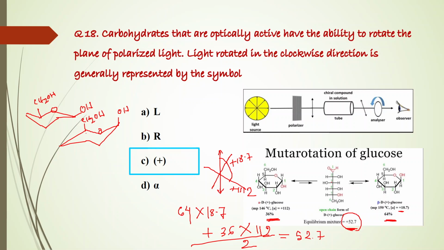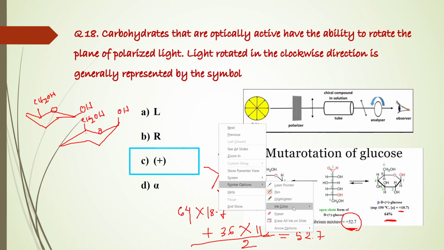But we don't get either of them, which again suggests that both alpha and beta forms exist in equilibrium, and this equilibrium happens through the open chain form of D-glucose, and due to their presence, it ultimately results in a final rotation of this plane polarized light to an angle of 52.7.